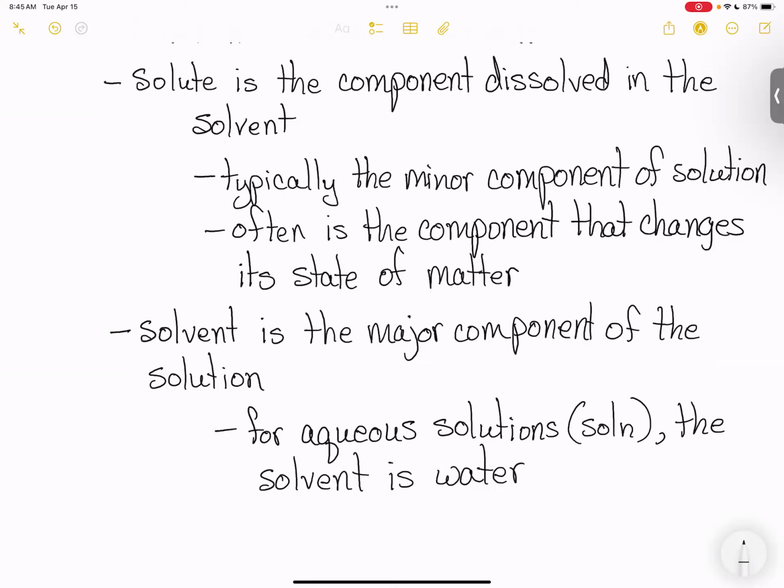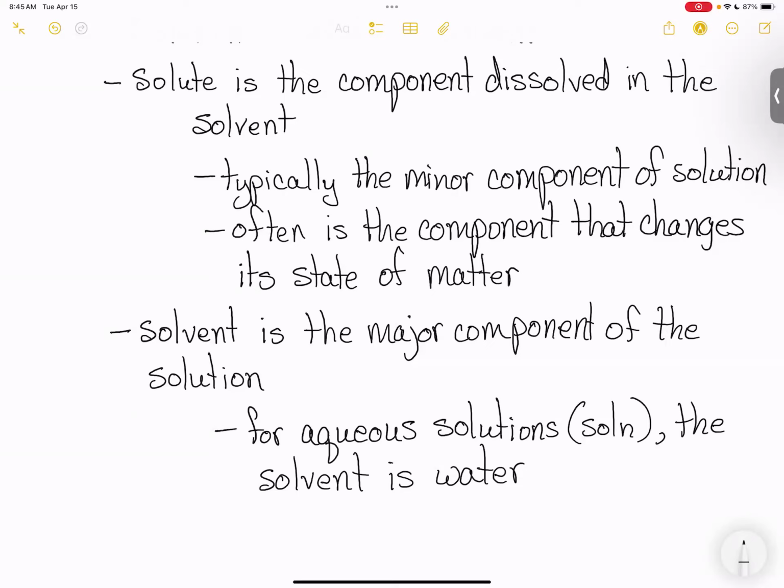The oxygen, which our body needs, is a solute, because the air you're breathing is only 21% oxygen. So, as I said, the solute is the minor component, 21%, compared to the solvent, nitrogen, which is 78%.